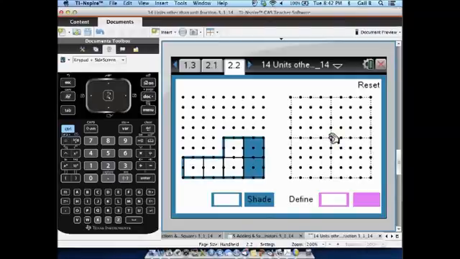I might ask the students to make a representation of an equivalent fraction in this region here. So I could partition it in a slightly different way. I could say, okay, if I define this and this and this, and I shade one of these, are they equivalent? And the kids would have to reason and justify whether they are equivalent or not equivalent.